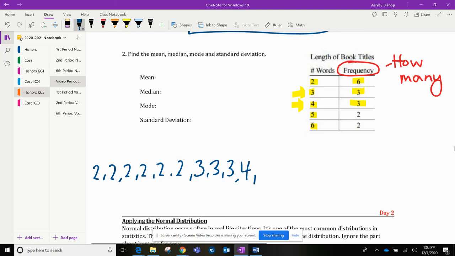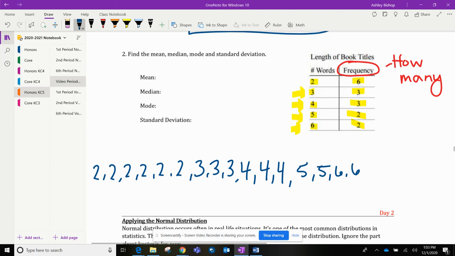So 1, 2, 3 4s. I have 2 5s. 5, 5. And I have 2 6s. 6, 6. Okay, and so I now have this list of data. If you're confused on where this came from, just let me know.